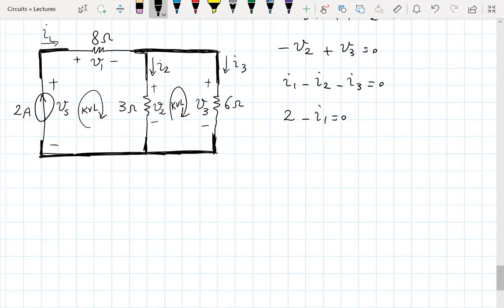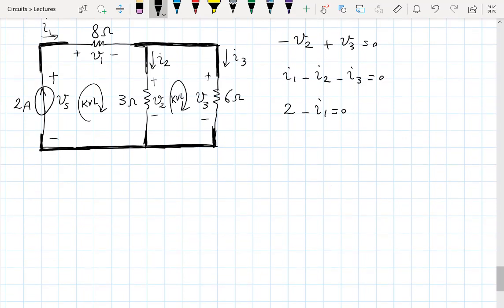So I1 is 2, as we see directly there. And then the element relationships: V1 is 8 I1, V2 is 3 I2, and V3 is 6 I3. Okay, so these are all the equations.